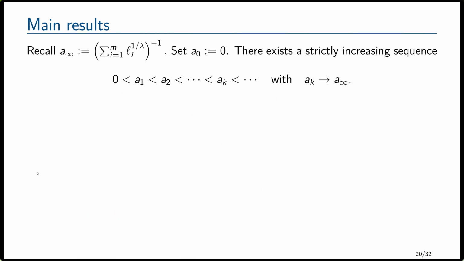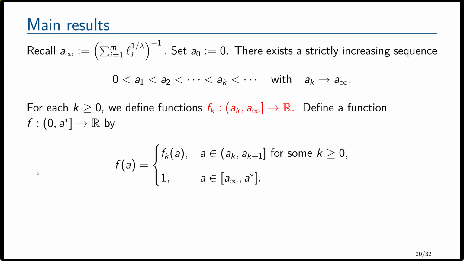And then what is the result? Besides these two critical points, infinity and A star, we also define A_0 as 0. And we prove that we can find a strictly increasing sequence A_1, A_2, ..., with A_k converging to A infinity. And then for every k, we define functions f_k on this interval. Since we have an increasing sequence, we get many small intervals. And if we consider the interval A_k to infinity, we define the function f_A.